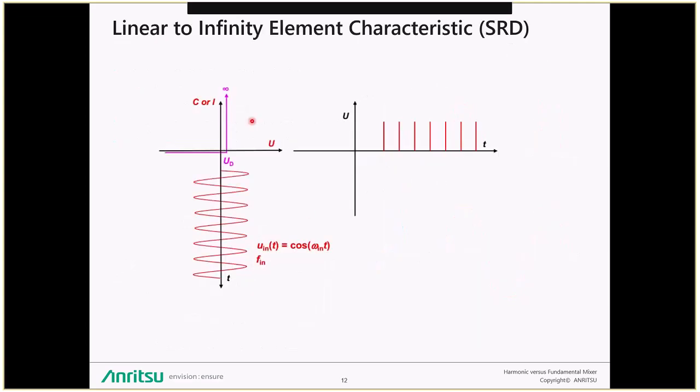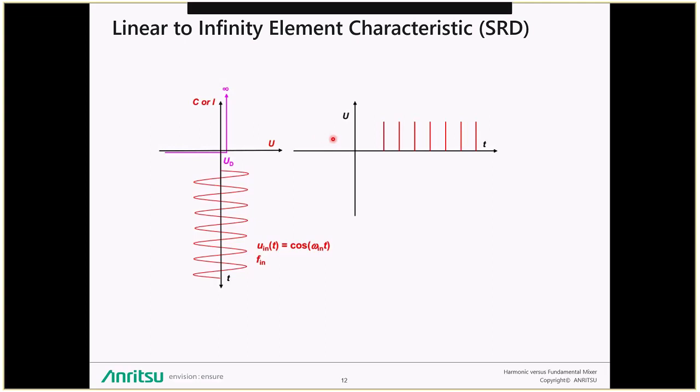Another technology is the nonlinear reactive element, and one of the best examples of this technology is the step recovery diode. This step recovery diode presents a very abrupt transfer function, like the one we can see here at the left of the slide.